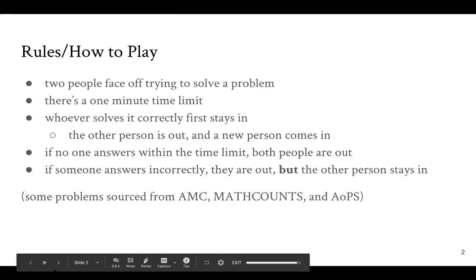Okay. So it looks like our first pairing will be Abby and Anna. So let's begin.